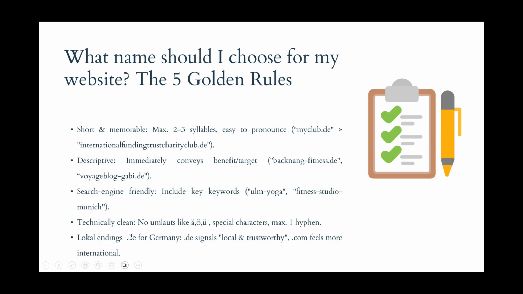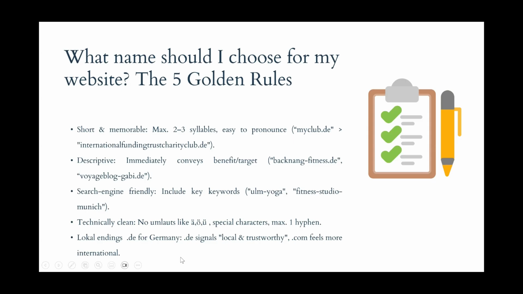Very important for Germans, no umlauts like ö, ü. Perhaps there are similar umlauts or special roles in other languages because it's complicated for this search engine to find it, and your address won't work with those syllables.